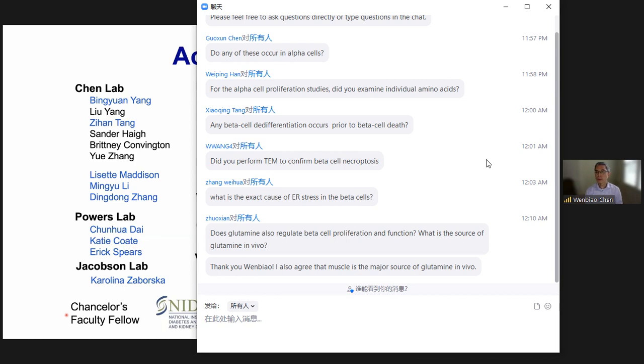It's only when blood amino acid is increased that the CASR activity increases in alpha cells, leading to alpha cell proliferation. So I would say it's maybe a somewhat pathophysiological function of CASR.